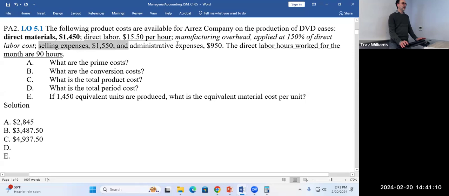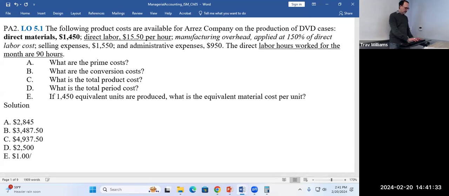We just add the selling and administrative, and we get 2,500. Last question. If we produced 1,450 units, what would be the material cost per unit? $1, because the material cost is also 1,450. So you just divide the cost by the number of units and you get $1 per unit.